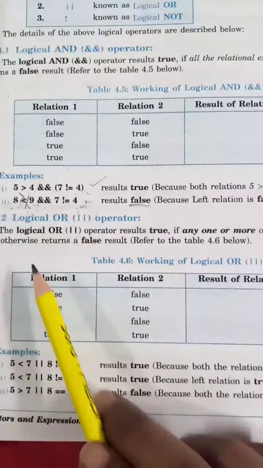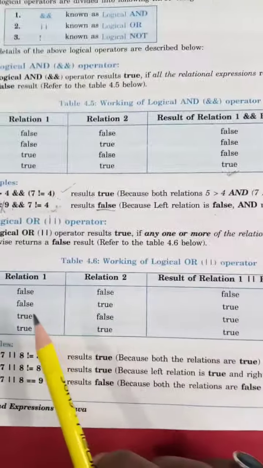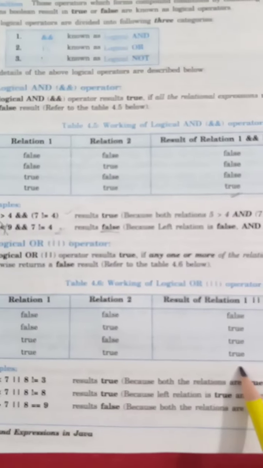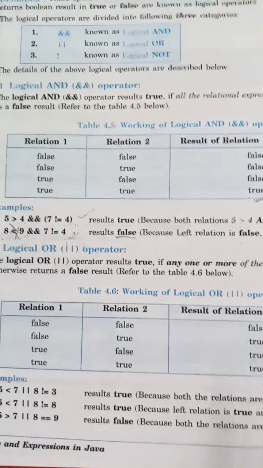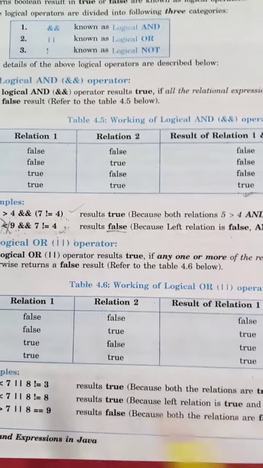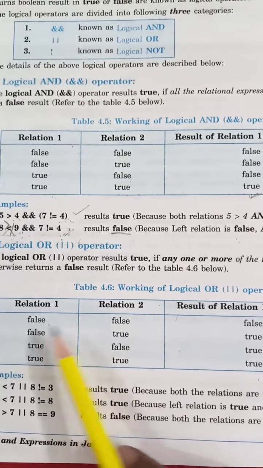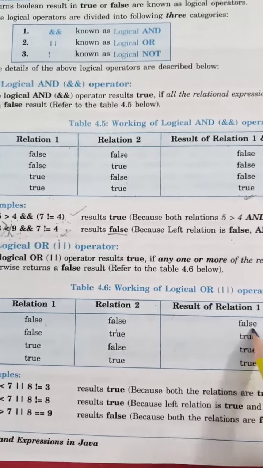Now come to logical OR. Very simple. If any of the relations is true, you will be getting true. Either of the two is true, then you will be getting true. Suppose one is false, second is false, then only you will be getting false.